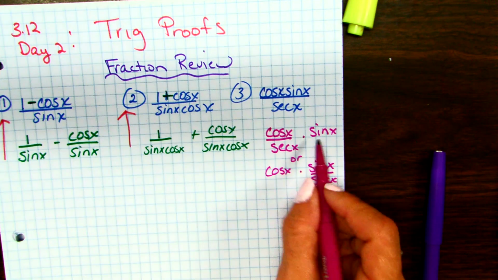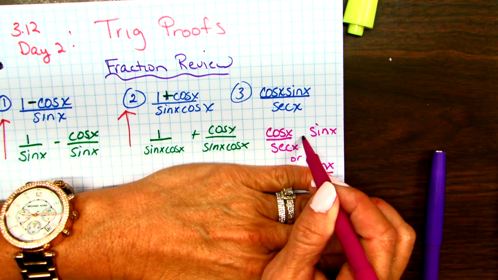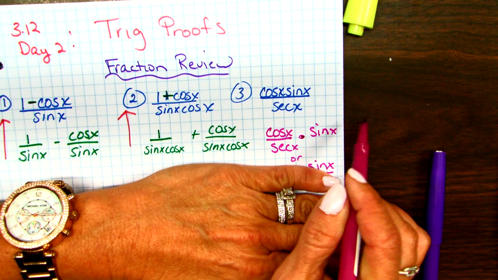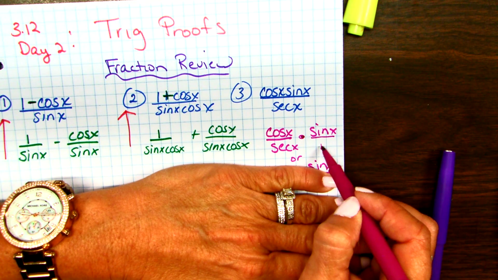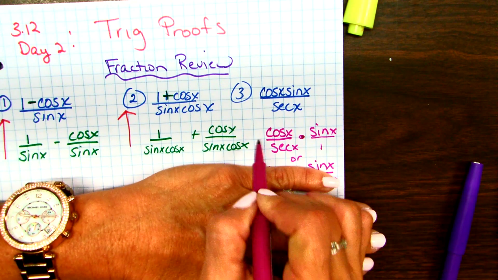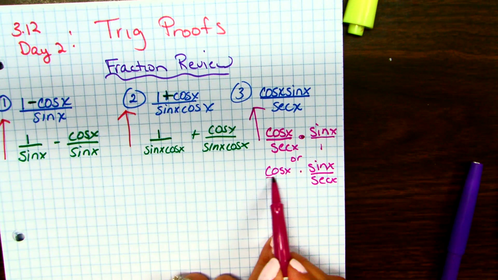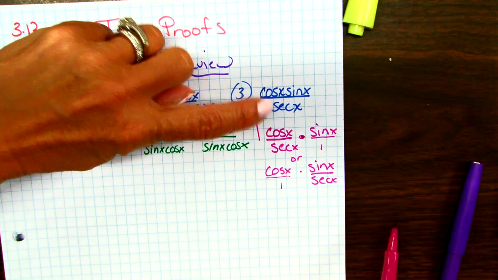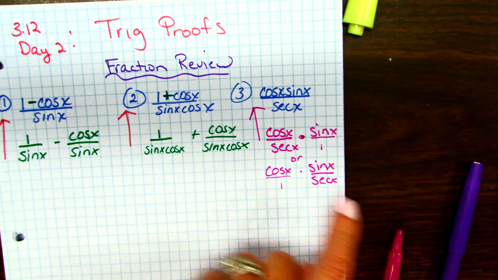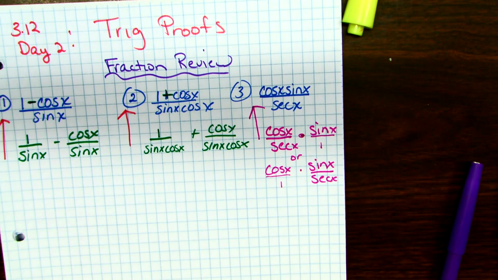Again, in reverse, if I gave you this one right here, you'd say, okay, I'm multiplying two fractions. I don't need a common denominator, so that's a 1. I just multiply these two together, multiply those two together. I would get that answer. Same thing with this one. This would have a 1 under it, cosine times sine, cosine, cosine, sine, 1 times secant, secant. So how do you know which one to do? It would just depend on the problem.